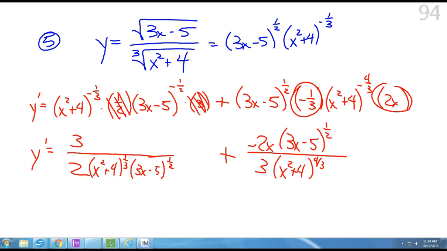So I got two things I got to take care of for my common denominator. Well, I got three things actually. For the numbers, what's the number that's going to be the common denominator at the bottom? 6. So I need to multiply this by 3, multiply this by 3, multiply this by 2, multiply this by 2. So I'm getting the 6's the same. And then I've got 1/3 of these x squared plus 4's here.